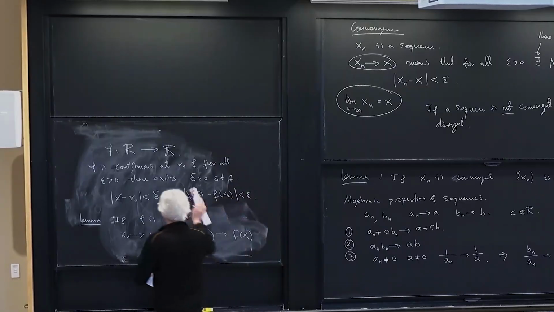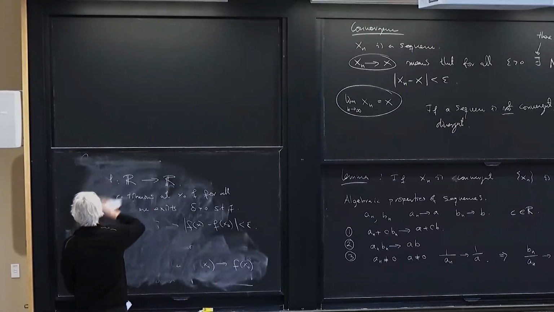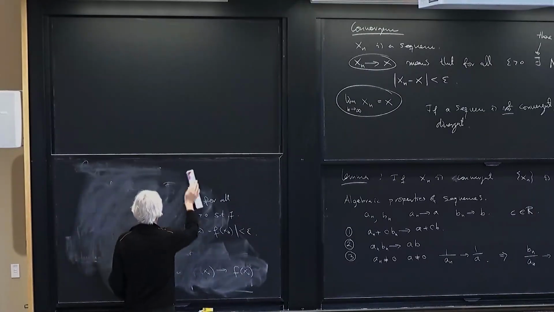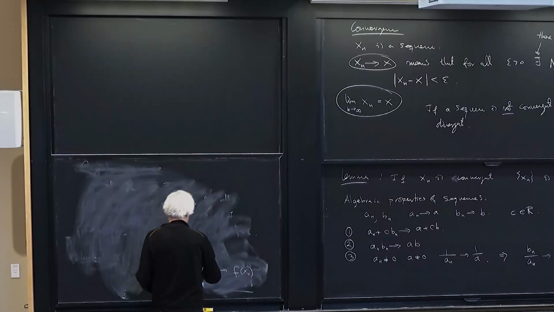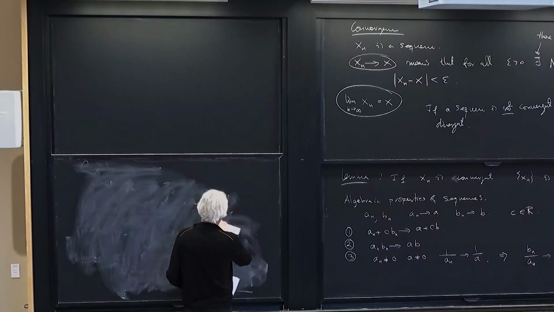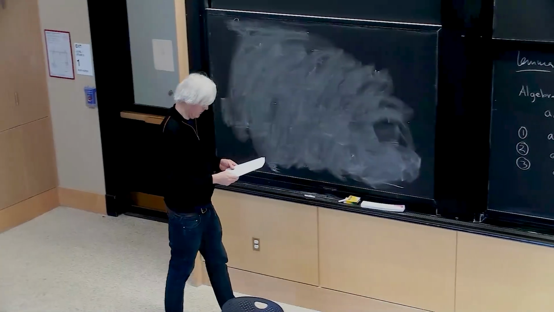Then we proved the extreme value and the intermediate value theorems. One way to prove it that we did last time was to use the lemma that tied together continuity and sequences.